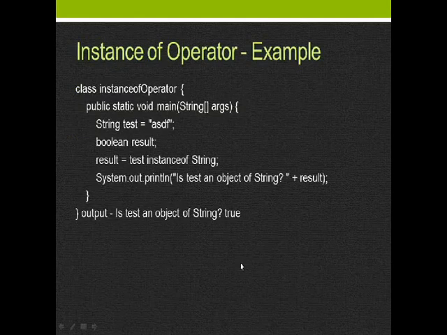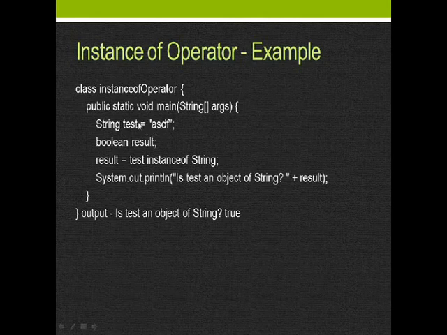Now another kind of operator is the instanceof operator. This is a special kind of operator. I will discuss it meticulously after one or two videos. Now let us just see the syntax of how it is. Now this is class InstanceOf operator, public static void main, String test equals ASDF.